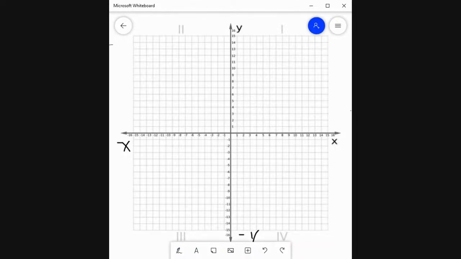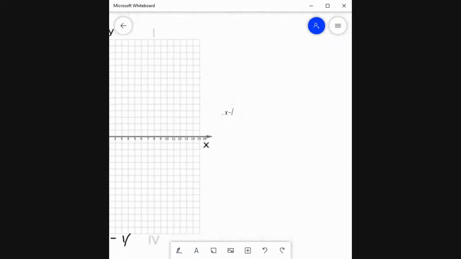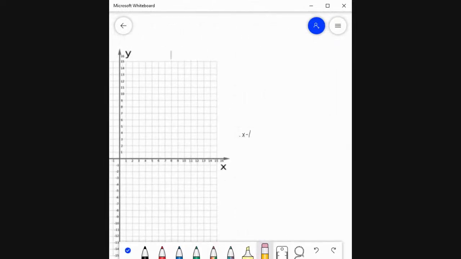Intercepts come from the concept of y equals mx plus b. B, of course, is your y-intercept. M is your slope. X and y, x is your input, y is your output.